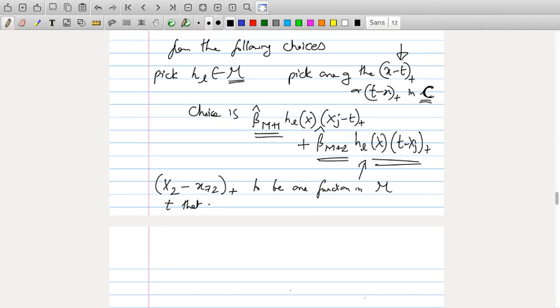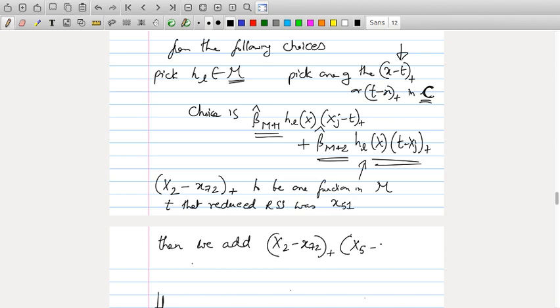that reduced RSS was, let's say, x51. Then one of my new HLs, we add x2 minus x72 plus times x1 minus x51 plus.